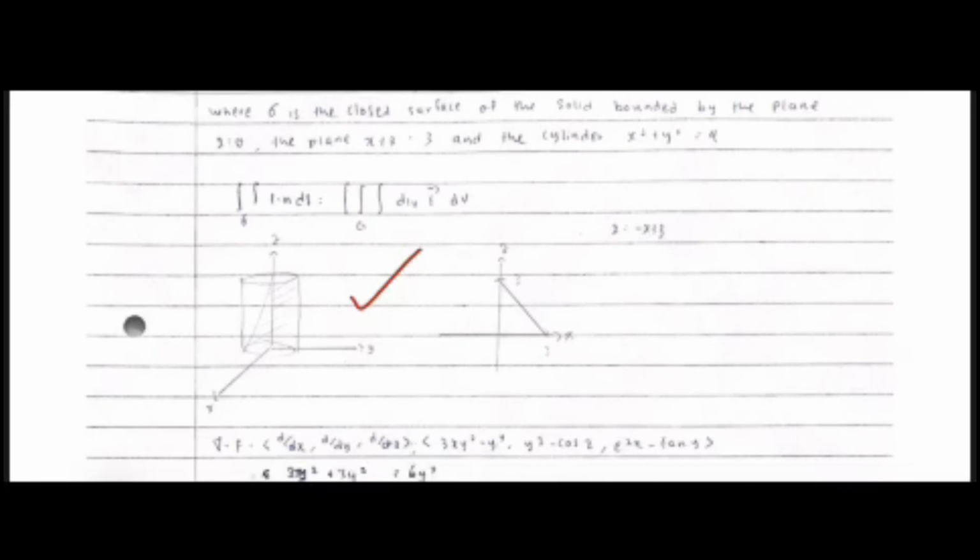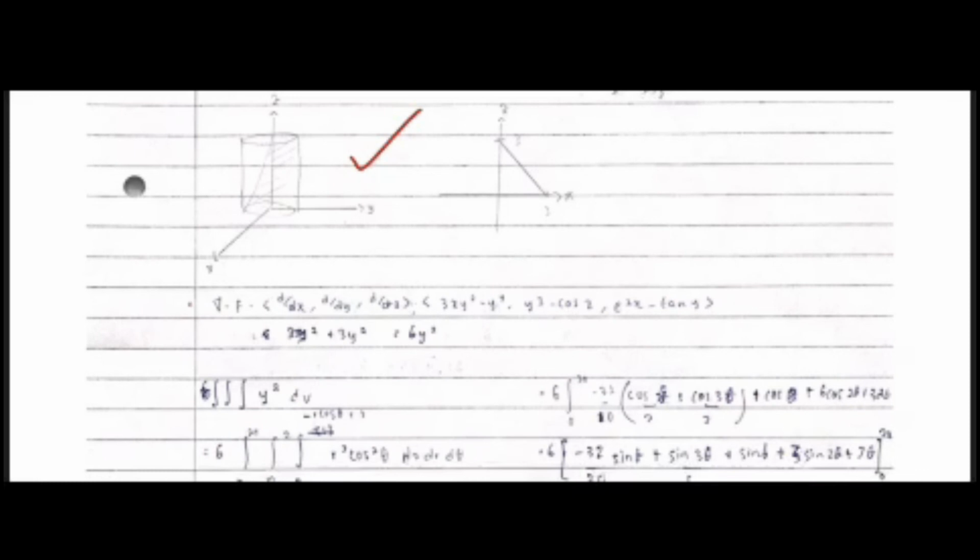Yeah, we know that the integral of F dot n dS is equal to the integral of divergence F dV. So first, we need to find the divergence of F. Divergence of F is equal to partial f1 over dx plus partial f2 over dy plus partial f3 over dz, and for the divergence of F, we will get this one, 6y to the power of 2.